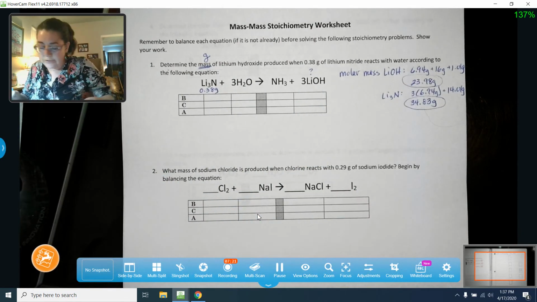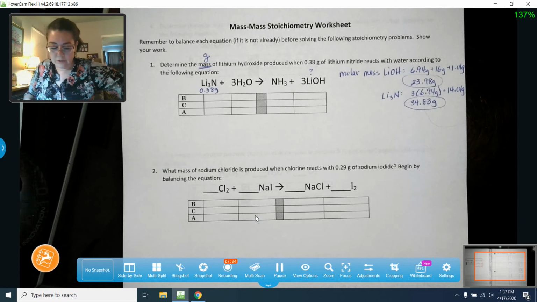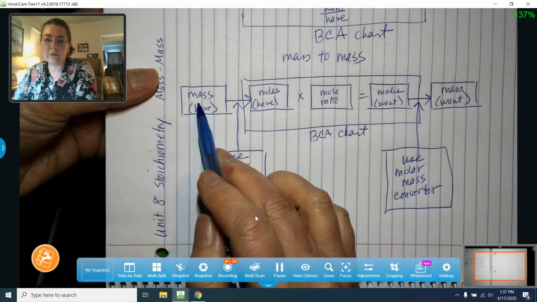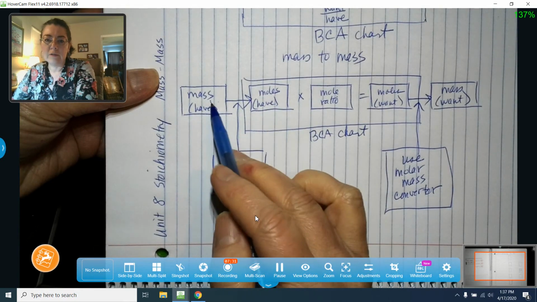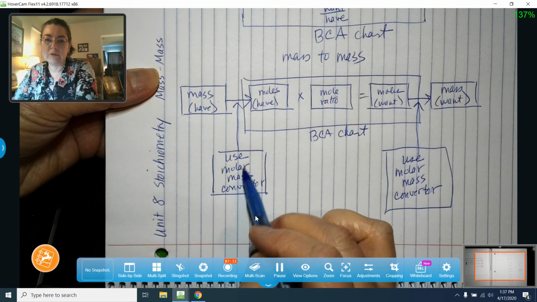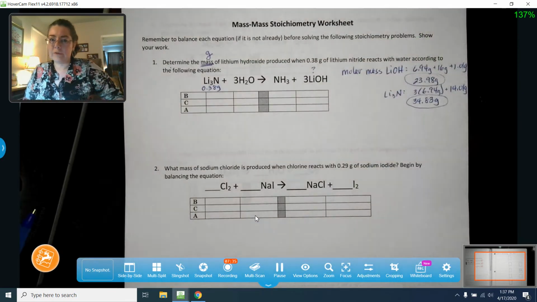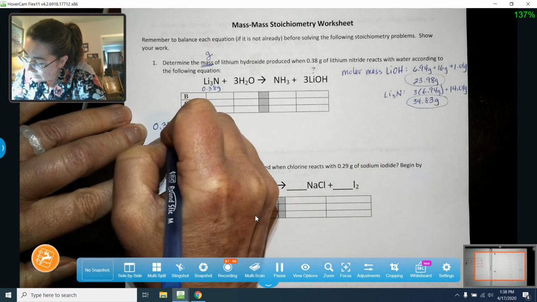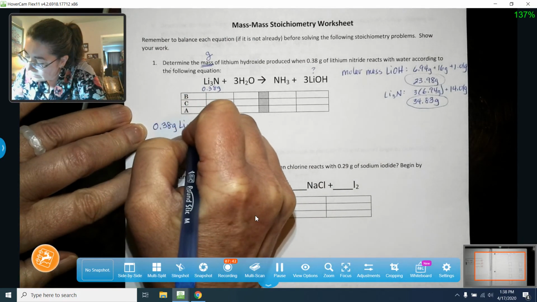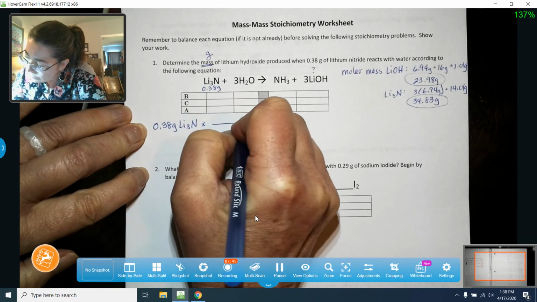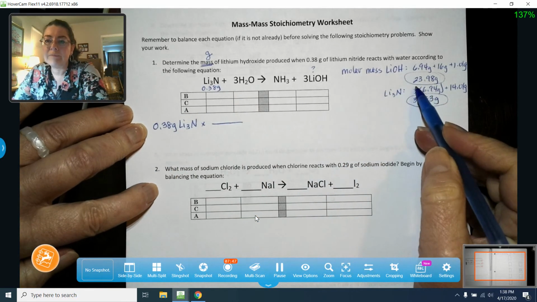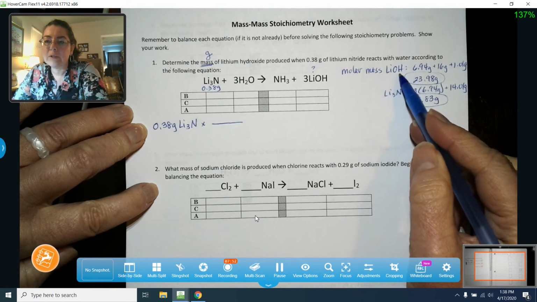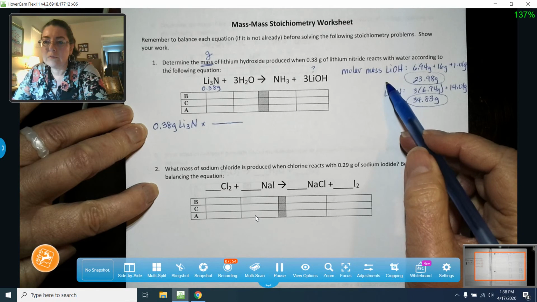So the first step is, we have this, we need to get to that. So what we have to do is use molar mass to do the conversion. So my first step is to take 0.38 grams of lithium nitride, and I'm going to use the molar mass, which I've already figured out. Remember, you add up all the elements in here and the ratio shown in the formula.